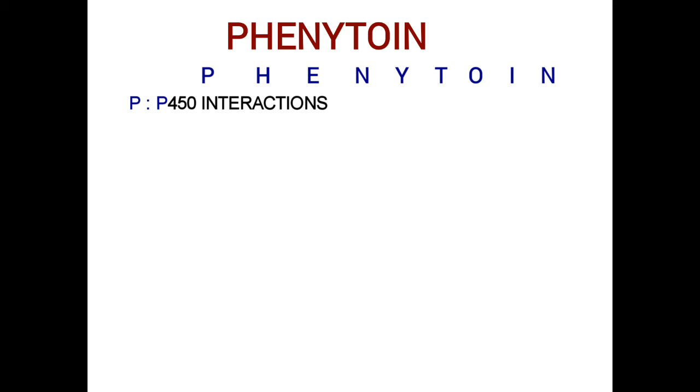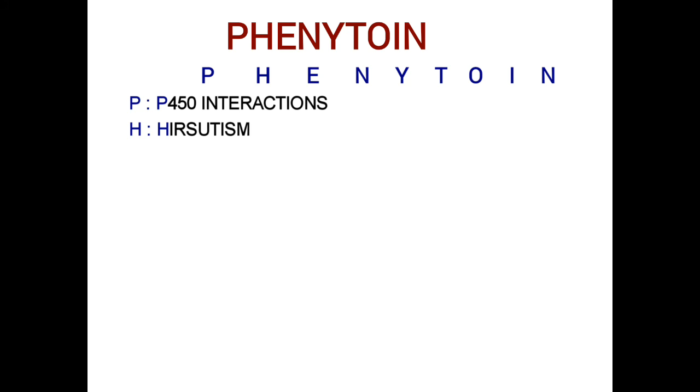Cytochrome P450 is a microsomal enzyme, a liver metabolizing enzyme. Phenytoin is an enzyme inducer. It can induce cytochrome P450, so that for the drug which is metabolized by cytochrome P450, its metabolism rate will be more and its duration of action will be less. So phenytoin is an enzyme inducer, and with P you can remember P450 interaction.